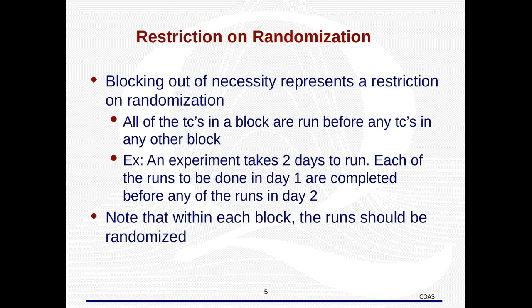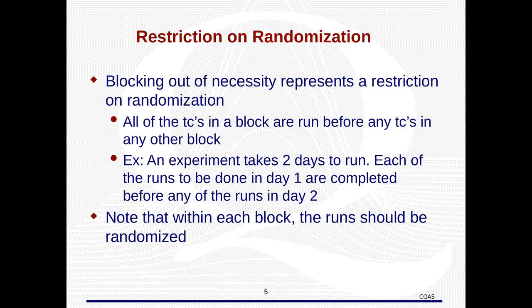Rather than randomizing all treatment combinations across the entire experiment, we randomize only within each block. All test conditions in one block must be completed before moving to the next block. Consider a practical example. If an experiment requires 2 days to run, all runs scheduled for day 1 are executed completely before any runs begin on day 2.